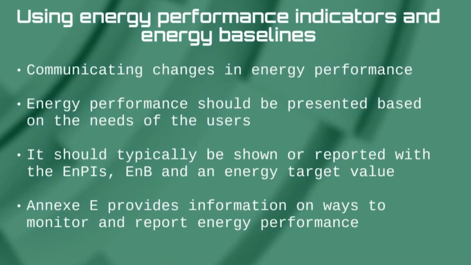So, communicating changes in energy performance. Energy performance should be presented based on the needs of the users if it's going to have any impact. It should typically be shown or reported with the EnPIs, EnB, and an energy target value. Annex E provides information on doing this. But if you remember the illustration we looked at very early on in the presentation, that was explaining baselines and performance indicators and targets.